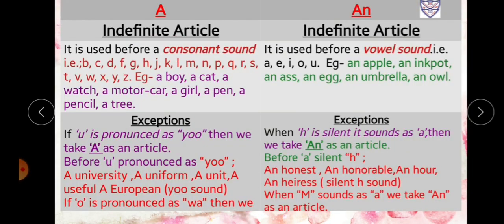Now let us start with this table, a and an. Now a and an both are indefinite articles.